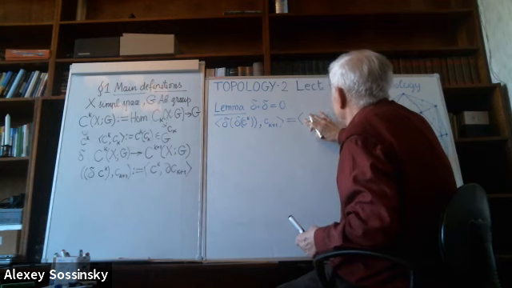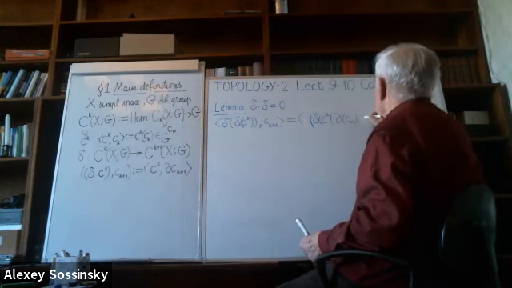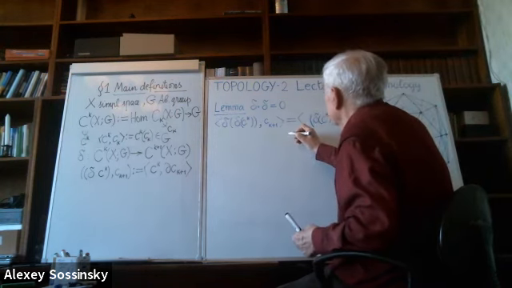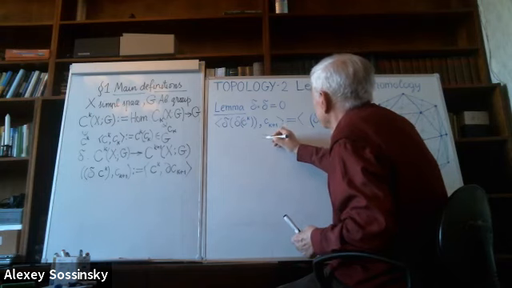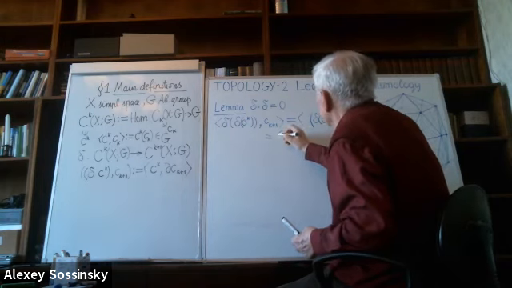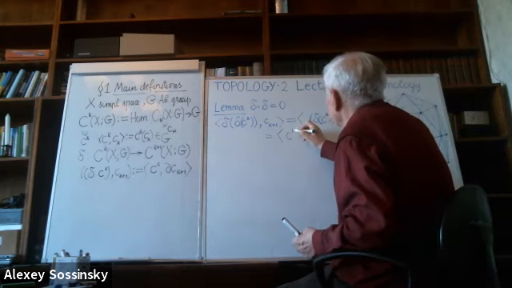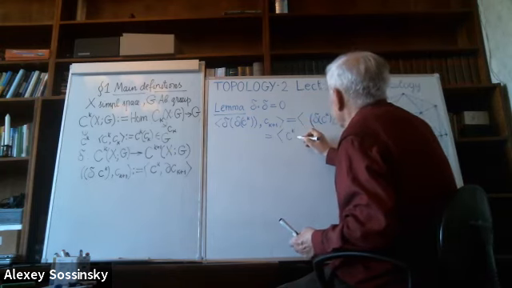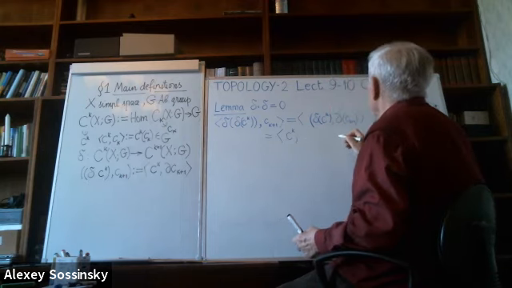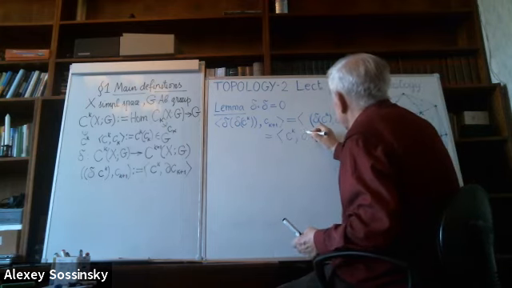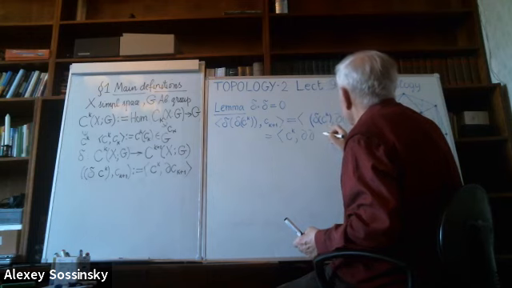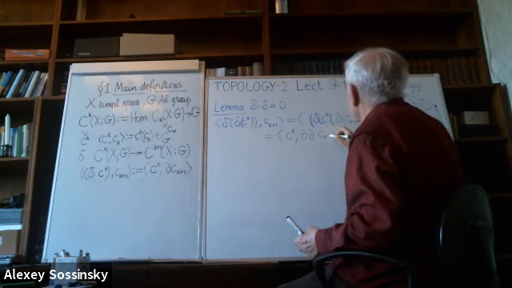So I have to erase this. And in its turn, this is equal to CK applied to the boundary of CK plus 1.